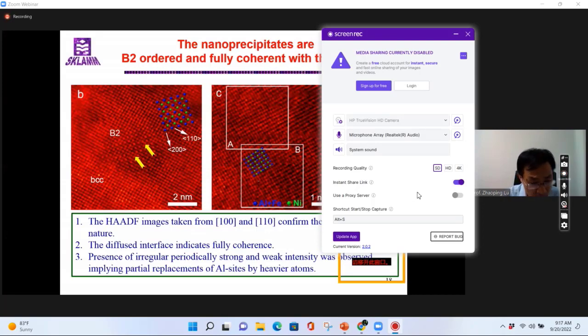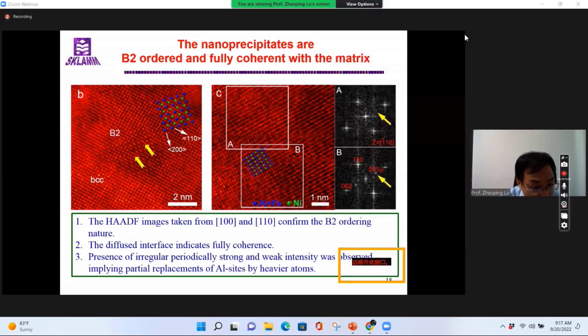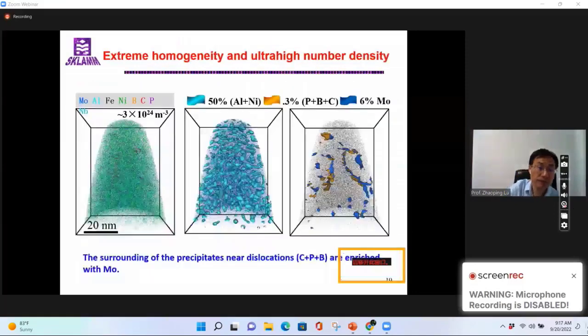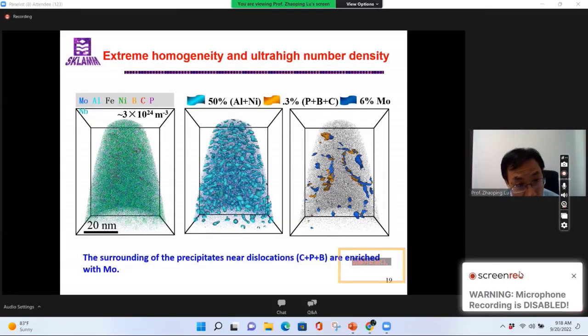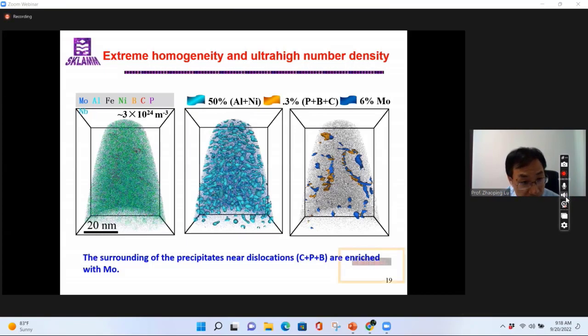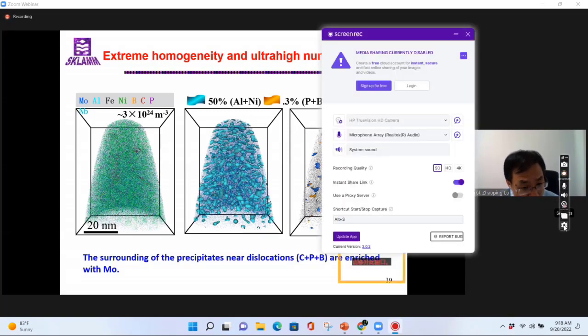The high-resolution image taken from the [110] direction confirms the B2 ordering nature, as indicated by these red arrows here. Another thing I want to point out: three-dimensional atom probe tomography results confirm the ultra-high number density of the precipitates is close to 3 times 10 to the power of 24 per cubic meter.